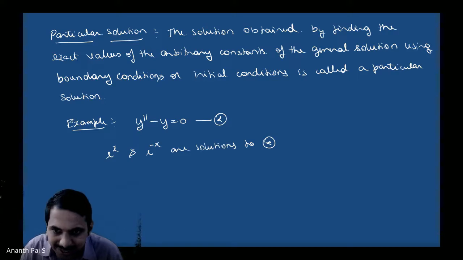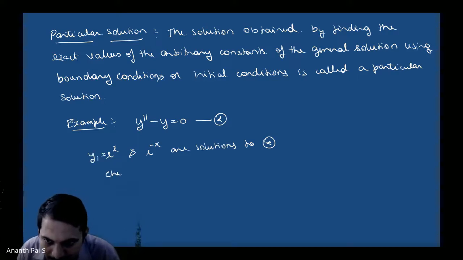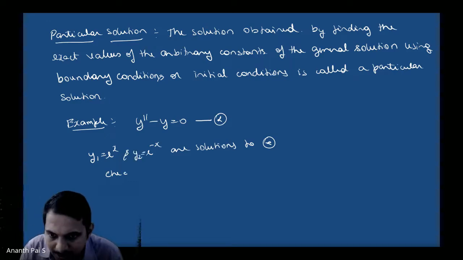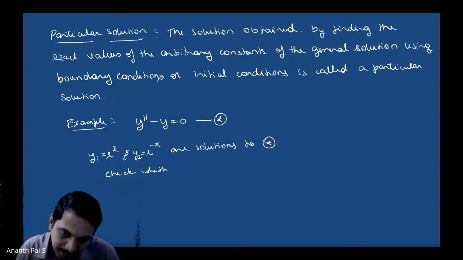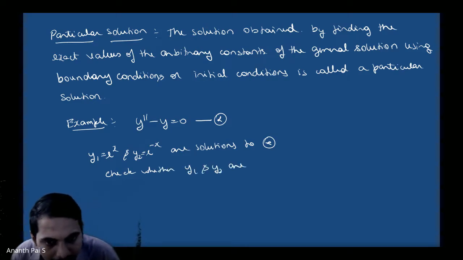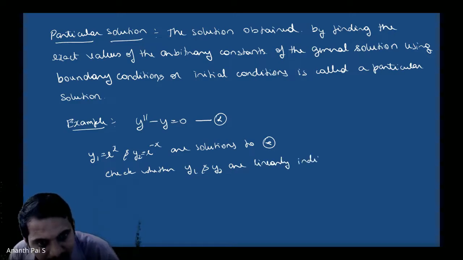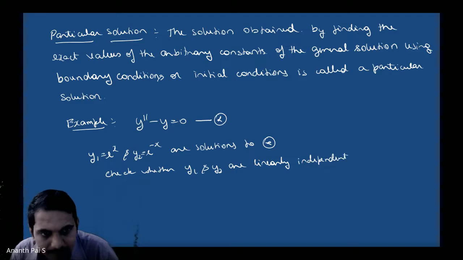Let us say y1 is equal to this and y2 is equal to this. Check whether y1 and y2 are linearly independent. How do you check that?